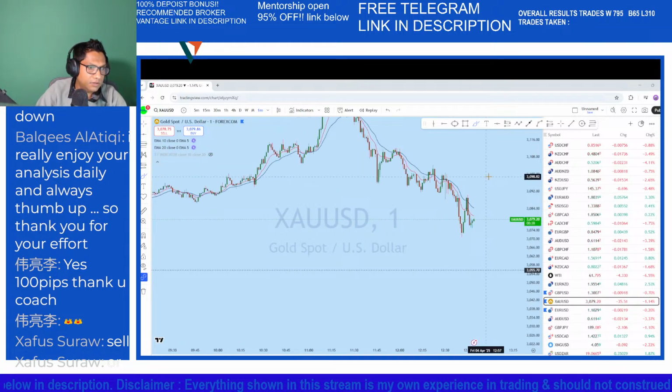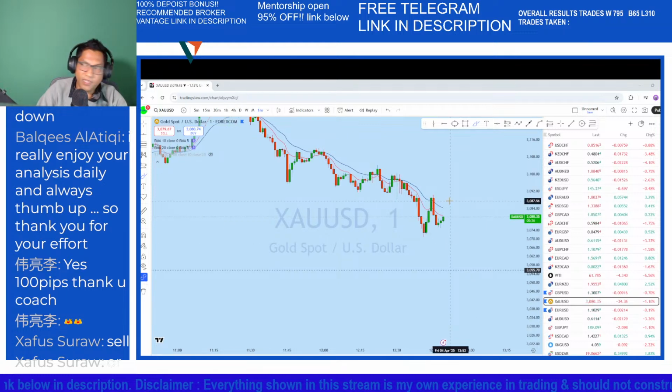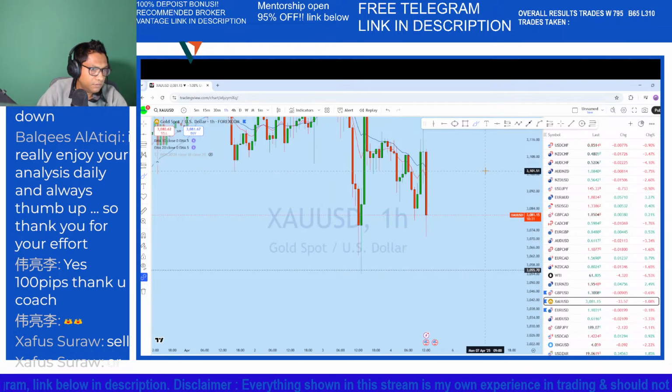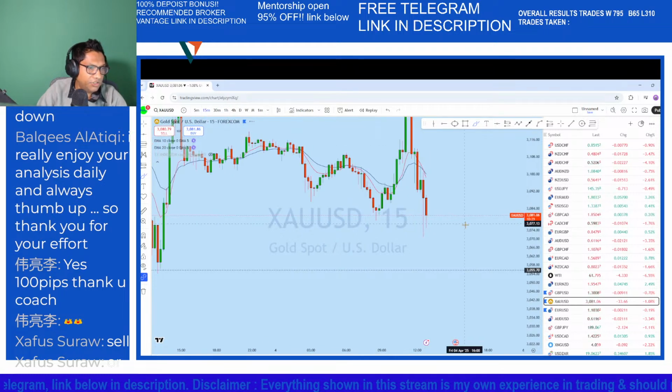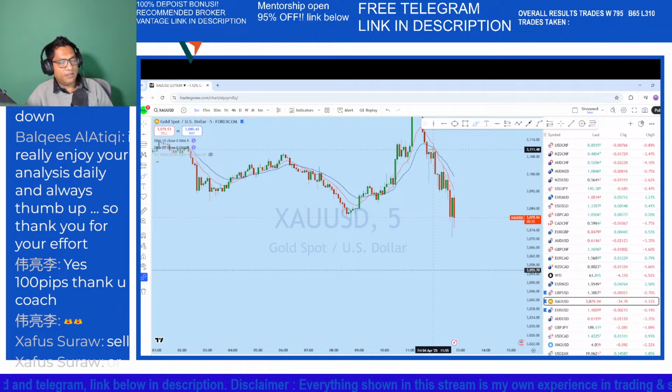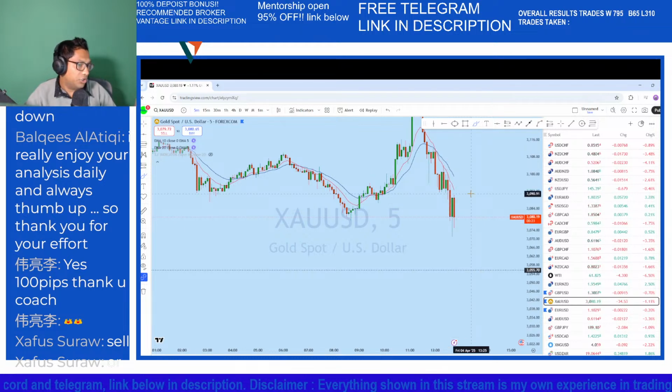And the possibility, I think, is that we could still remain bearish in that direction. You can see here the broken picture is potentially bearish.